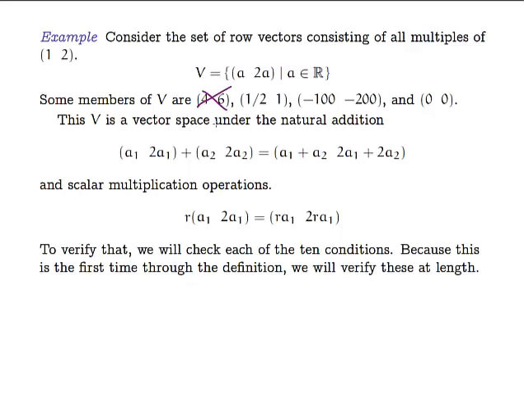This V is a vector space under the natural addition. So if I add these two vectors, I'm going to get this result, because you add vectors component by component. And notice that this can be written as (a1 + a2, 2(a1 + a2)).